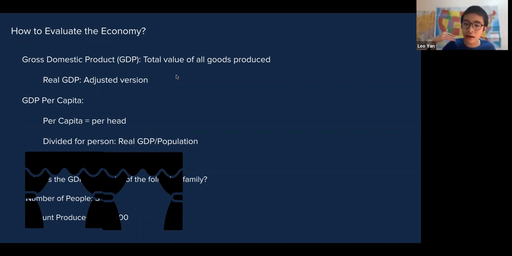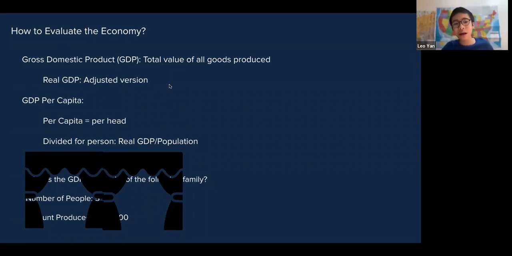And if you take this on to a greater scale, then what that means is that you're counting the value of products of every single company in the entire economy. And there's a type of this, which is the real GDP.